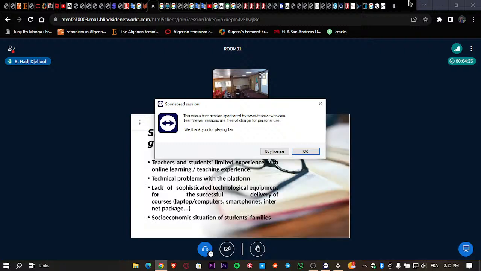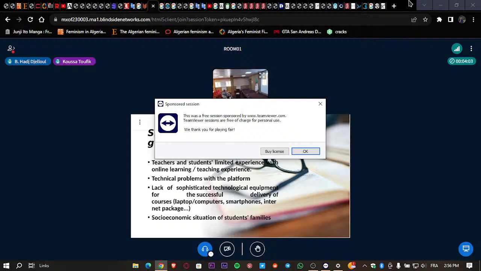Now, going to the shortcomings or the drawbacks. The teachers and students have limited skill or limited experience with online learning or online teaching, as it was implemented in a sudden way. Now, the technical problems with the platform: they cannot access it, they cannot find themselves registered, they cannot find the lectures there, and the shortage of the internet.